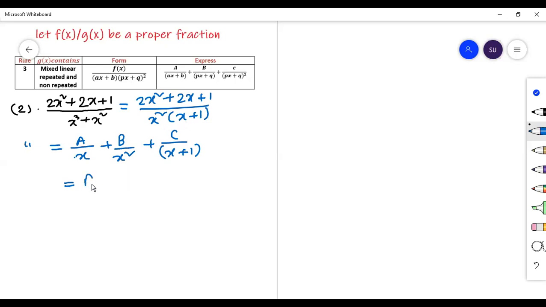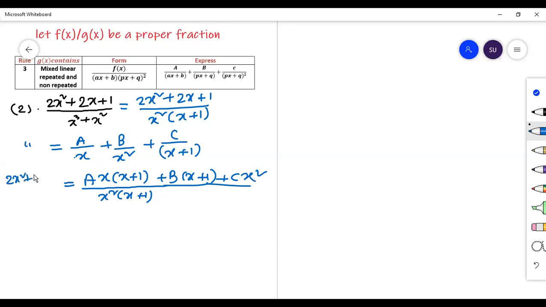So for that I can write A into x into x plus 1, if you take LCM, already one x is there, B into x plus 1 plus C into x square is equal to, on the left hand side, 2x square plus 2x plus 1 by x square into x plus 1, both the terms cancel.